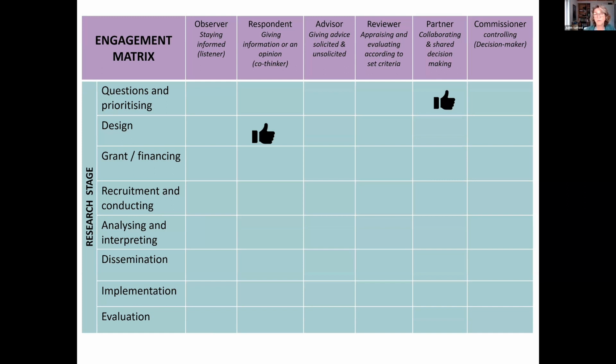You might get inputs from them next to your research team, of course. Obviously, when you're making a grant, one person to ask could be your reviewer, who has criteria to appraise and evaluate if the patient involvement has been well presented and is plausible, and so on. All through the steps, you choose who would be the best person to do this.